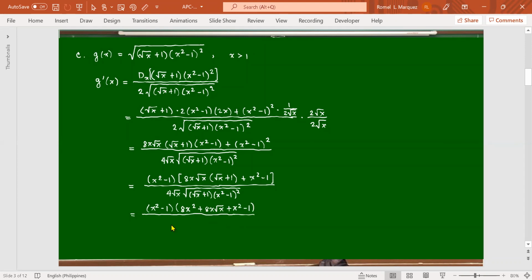Ito, pag-isahin na natin yung radical for square root, tapos yung isa lalabas na. Sa loob, what do you have inside, guys? X times what? X square root of x plus 1.